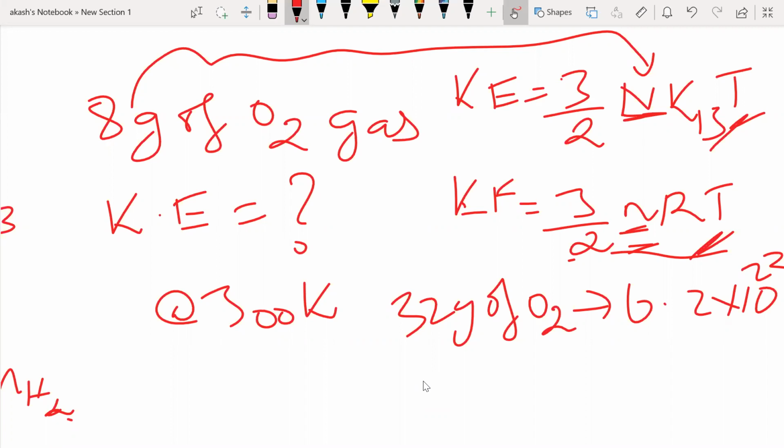They're asking the ratio of the root mean squared speeds of H2 gas at 50 Kelvin and that of O2 gas at 800 Kelvin.